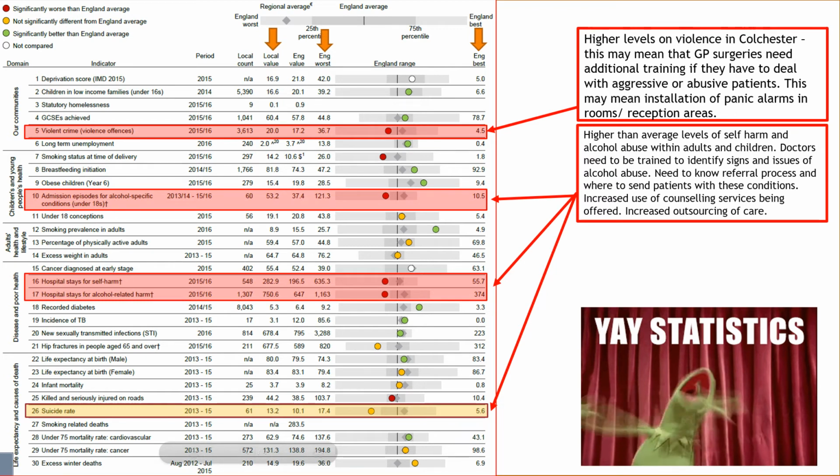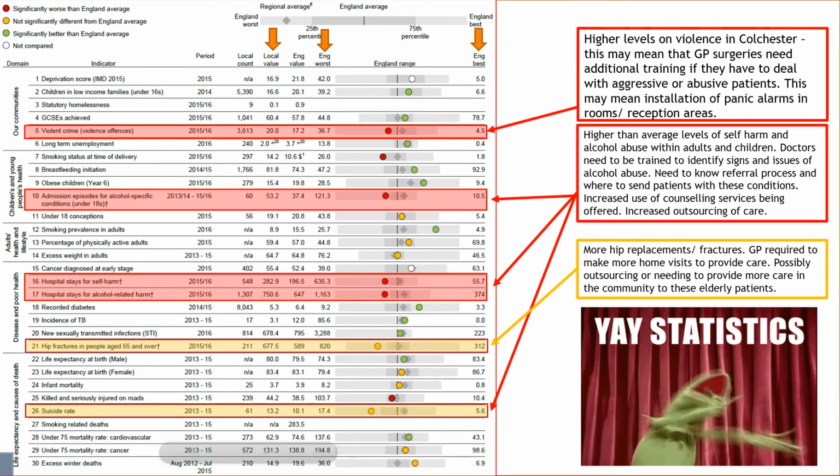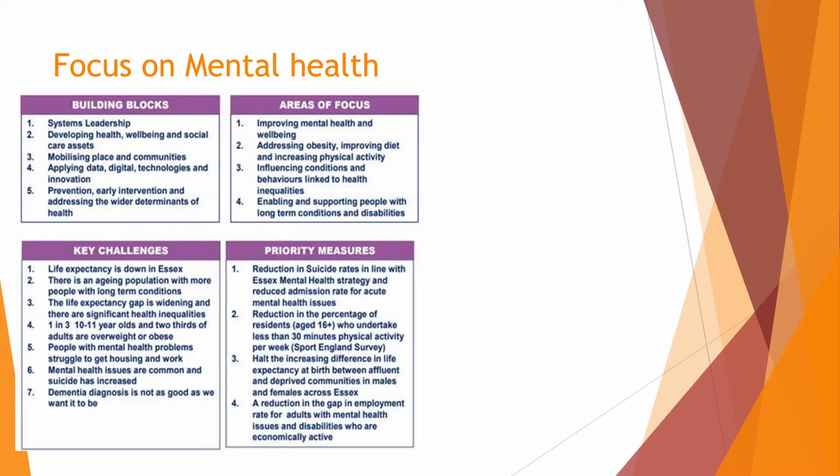Higher levels of self-harm might be to think about suicide prevention, mental health awareness, support services for alcohol and drug abuse. And hip fractures is also quite bad for Colchester. But again, that could be maybe thinking about the age of the population, but also the fact that GPs will have to accommodate this higher need of elderly patients.